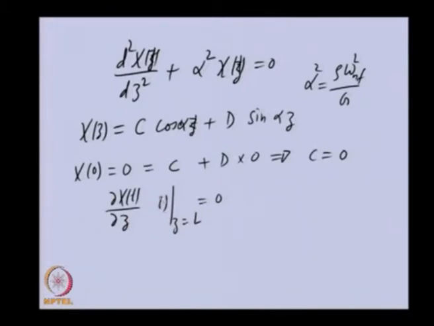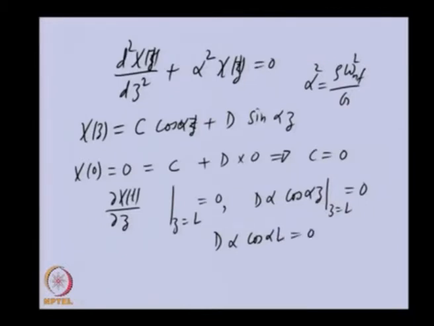Also this will not be 0. So I am differentiating this, and we know that C is 0 itself. So we only need to differentiate this: D alpha cos alpha z. This is the derivative of this particular term, and at z is equal to L, this quantity is 0. So if we substitute D alpha cos, instead of z we write L, is equal to 0.